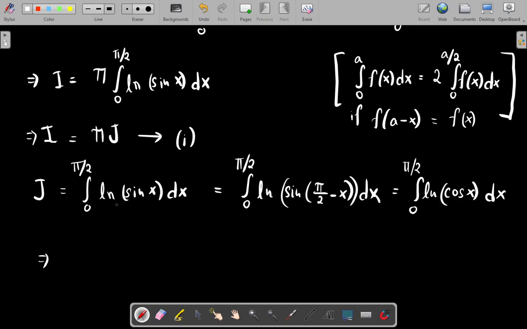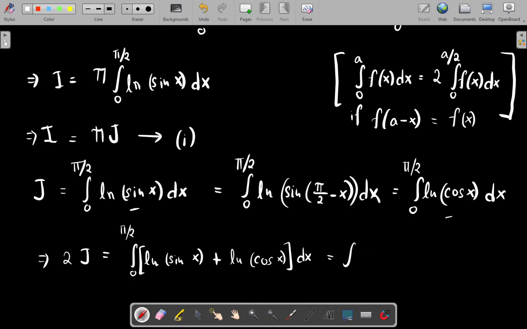So if I add those two, we have 2J equal to the integral from 0 to pi by 2 of ln of sin x plus ln of cos x dx, right? So this is ln a plus ln b, which will become ln ab.